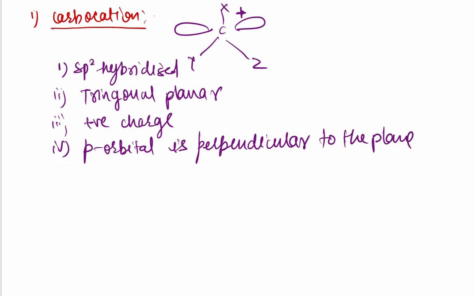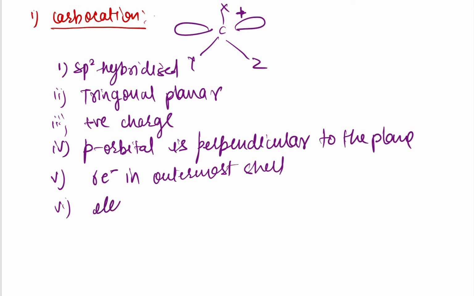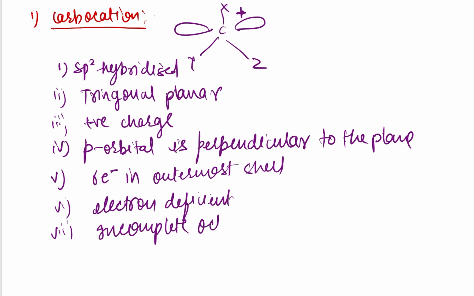P orbital is perpendicular to the plane, and it has 6 electrons in outermost shell, and it is an electron deficient species. It has incomplete octet.